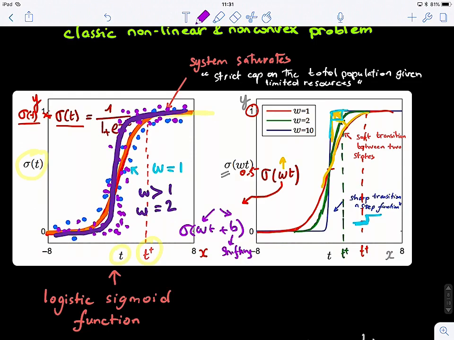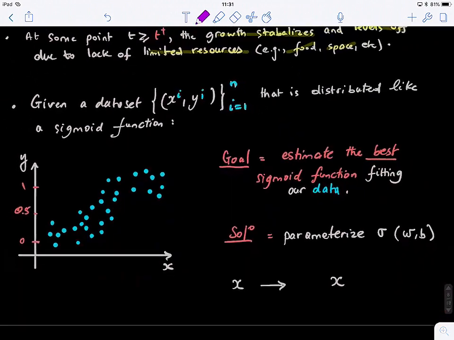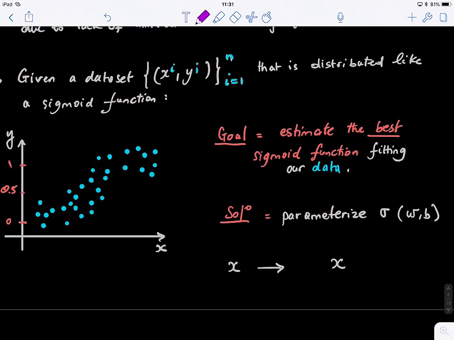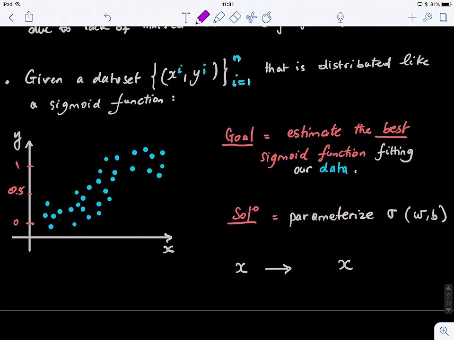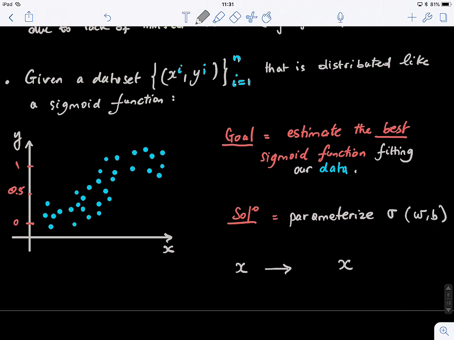Okay, so here, let's look at this case. Given a data set, we have our training data set x_i, y_i, that is distributed like a sigmoid function. So these are all of our points.